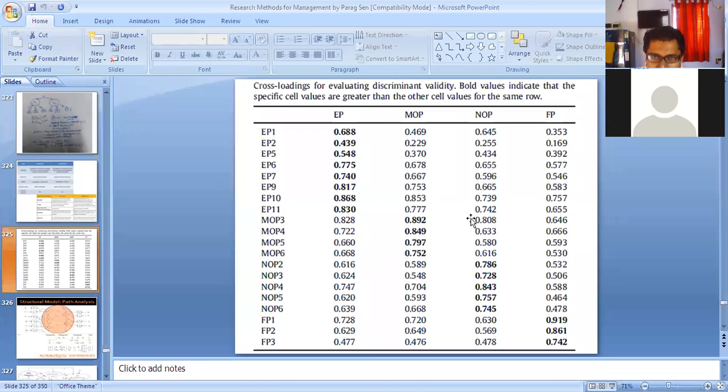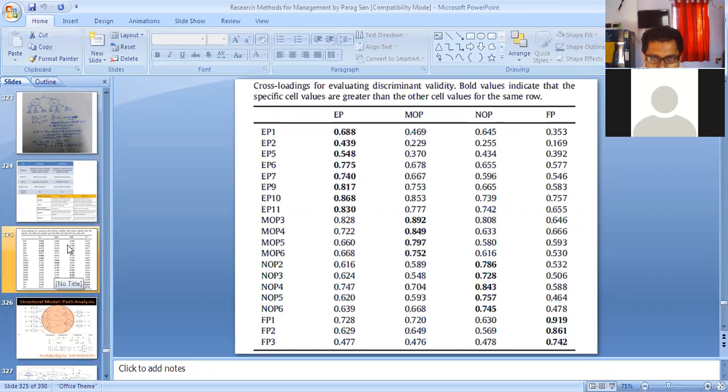But at the same time, whenever you perform discriminant validity, automatically you will get some information about convergent validity as well, because you can also see for which particular factor it is highly loaded. So you can check the convergent validity at the same time, but technically we term it discriminant validity.